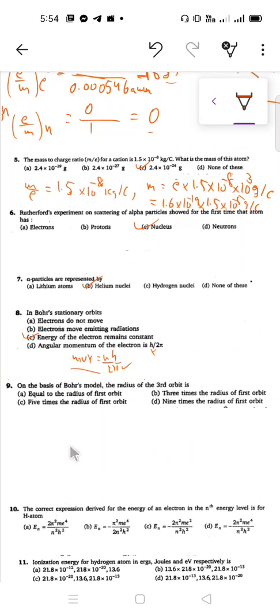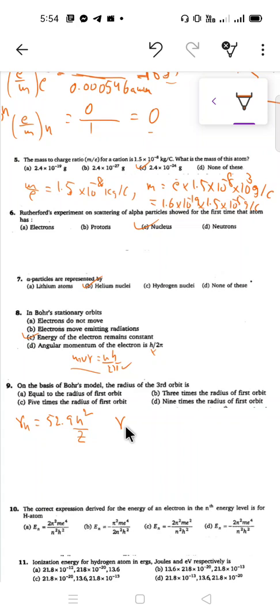We know the formula: Bohr orbit radius Rn is equal to 52.9 n square by Z. For the first orbit, you can calculate the first orbit, then the third orbit, then you can easily find the value.